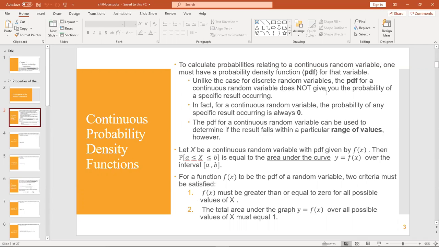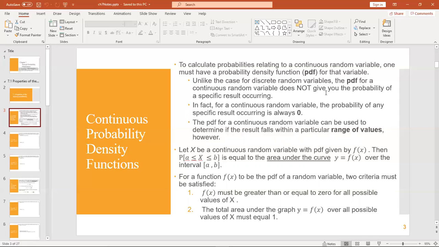It's so minusculely impossible to get 3.1 versus 3.11 versus 3.12 that you instead have to talk about ranges of values to describe probabilities in a meaningful way.